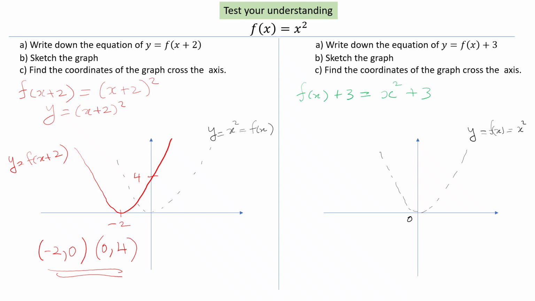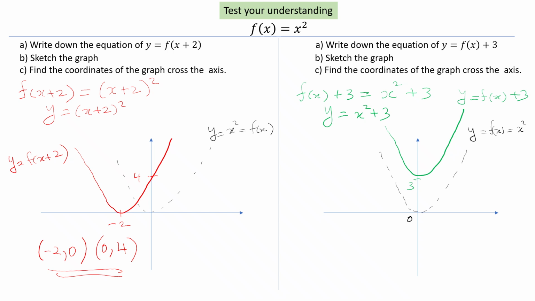The constant is outside the brackets, so the y value is going to change. So the new y is y equals x squared plus 3. So the graph moves upward by 3. So the graph moves like this. So y equals f(x) plus 3.